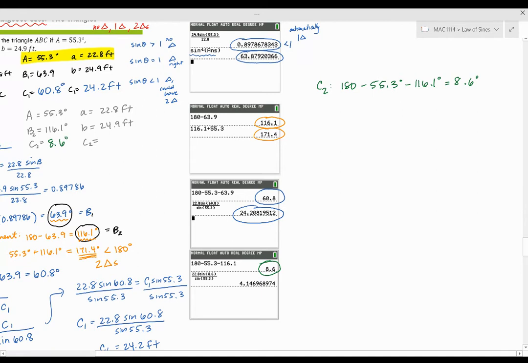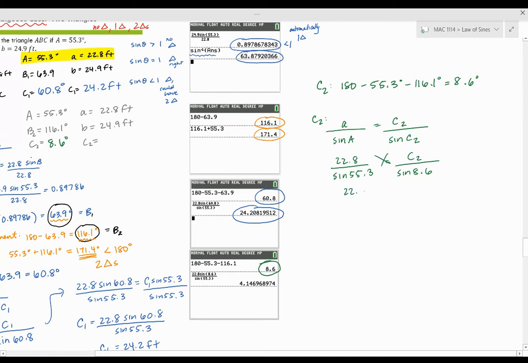The last thing we have to find is side c2. I'm going to do the most with what they gave me, so I'm going to use the law of sines and the A combination again. Lowercase letters go in the numerator. I'm going to plug in what I have, then cross multiply.